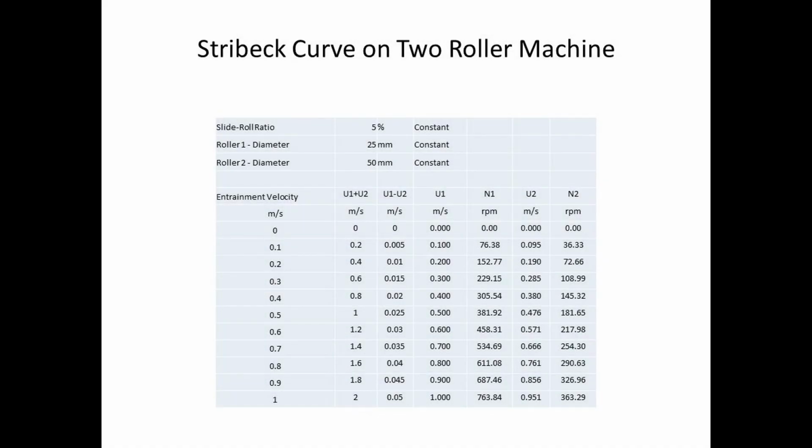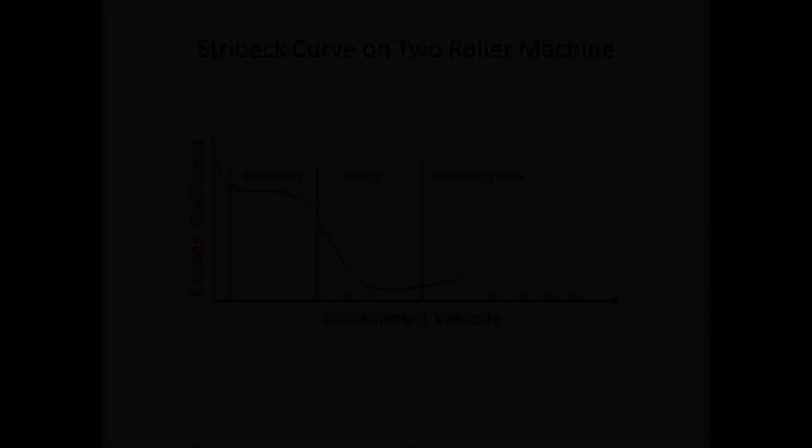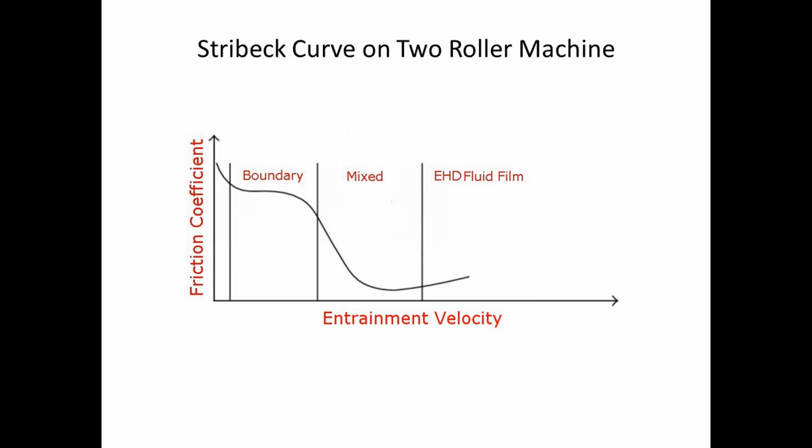We require the same approach if we wish to run experiments at constant slide roll ratio and vary the entrainment velocity. By doing this, we can generate an EHD Stribeck curve with friction or traction coefficient plotted against entrainment velocity.